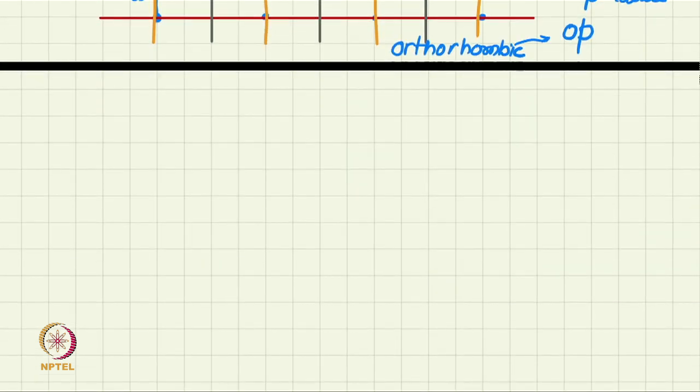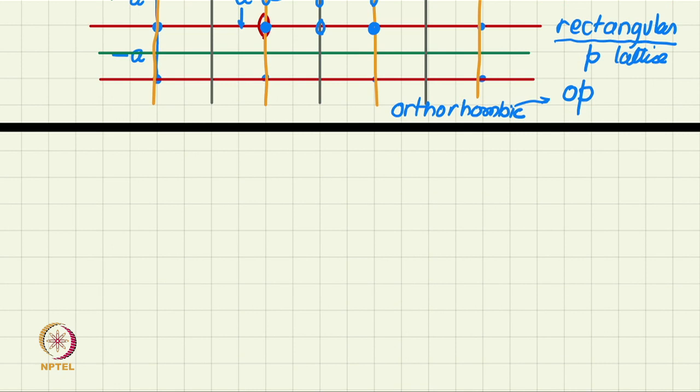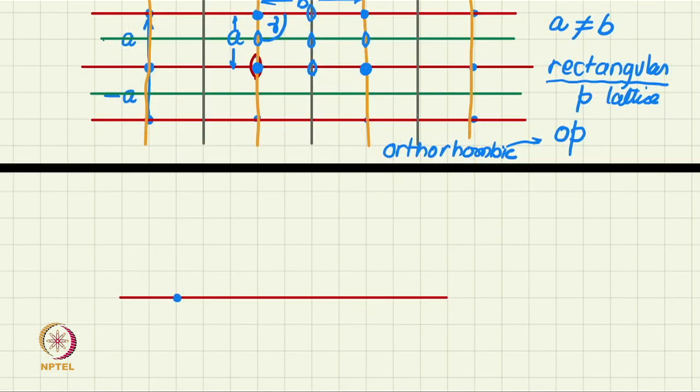Is there any other way of preserving the mirror? The constraint which I was putting was that let me have a row of lattice points perpendicular to the mirror.